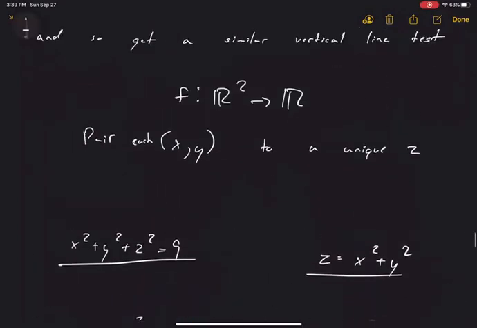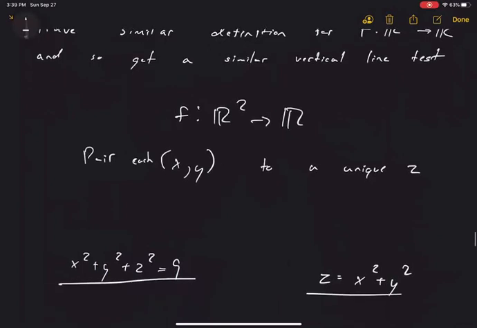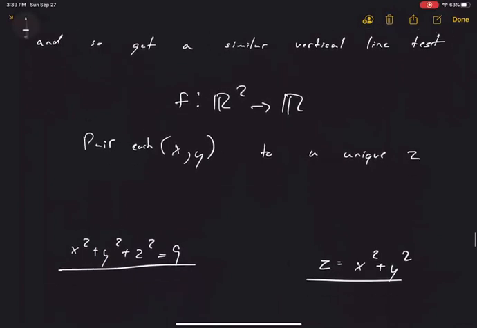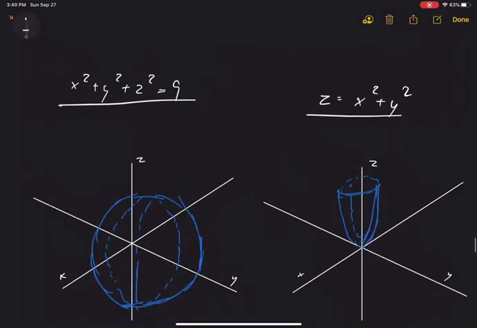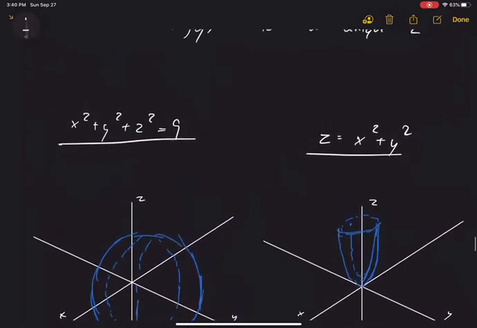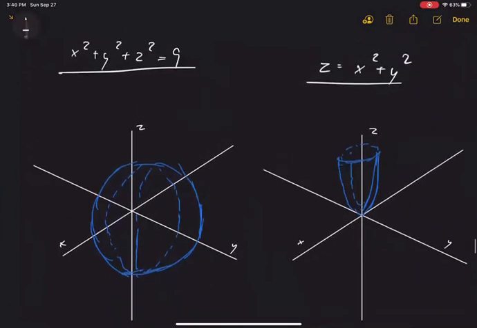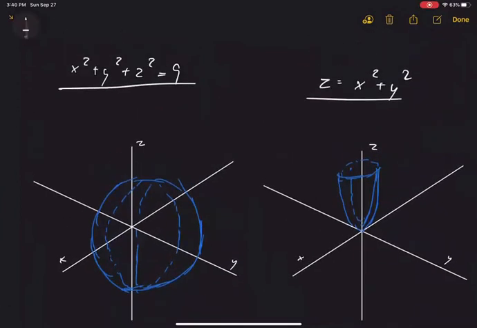So it's similar phrasing. Does that mean we have a similar vertical line test? And the answer is yes. And it's so similar that, if I didn't tell you any more about it, you could probably do it on your own and figure it out.